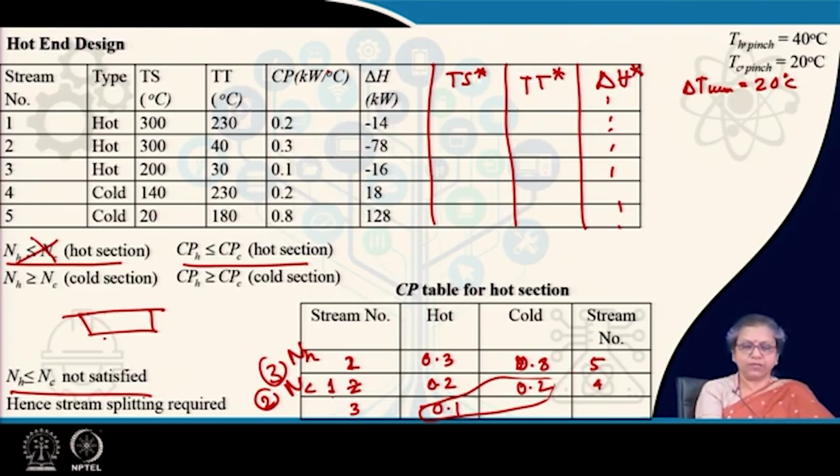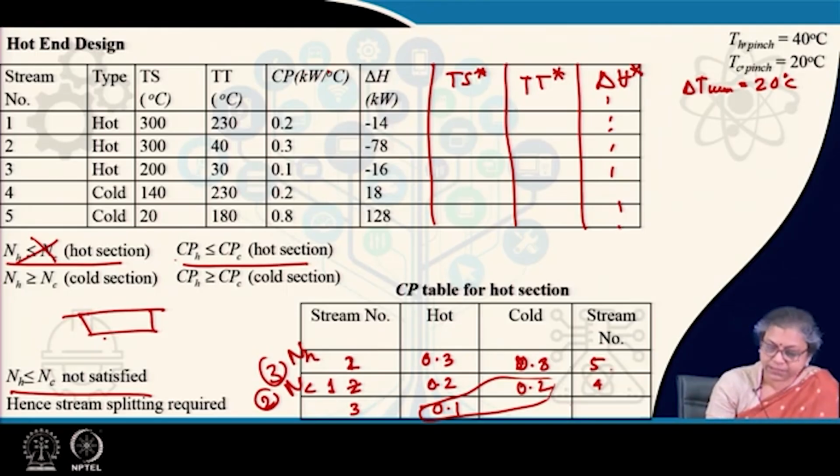How are we going to split it? We have to split it keeping this in mind. That means we have to split it in such a way that after splitting also, the Cp's of this have to be more than the Cp's of this. So, in that particular way we have to split it.